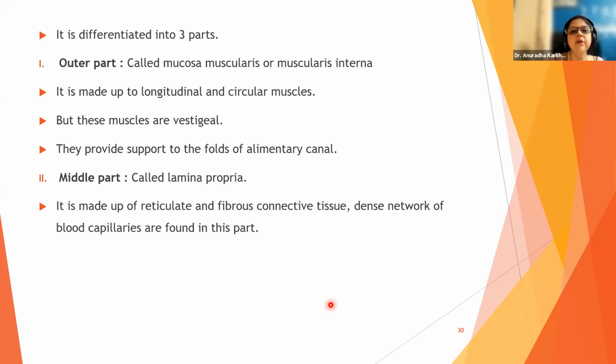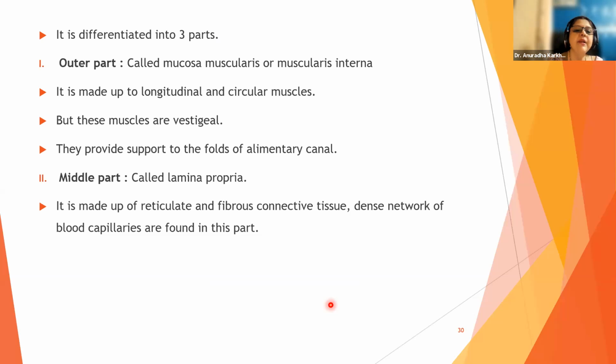It is made up of longitudinal and circular muscles. These muscles are vestigial. They provide support to the folds of the alimentary canal. So these particular folds, you can see those villi-like things, the crypts that you all had told me. They provide support to the folds of the alimentary canal.